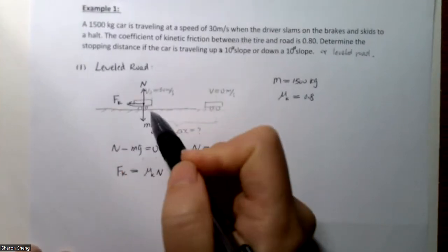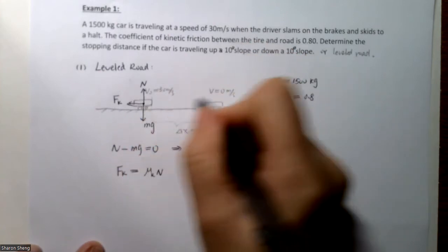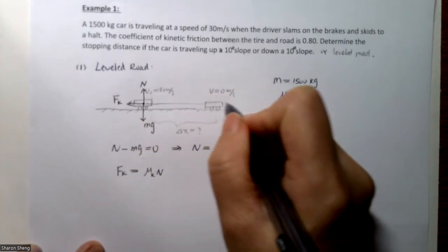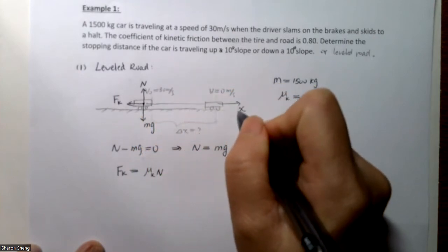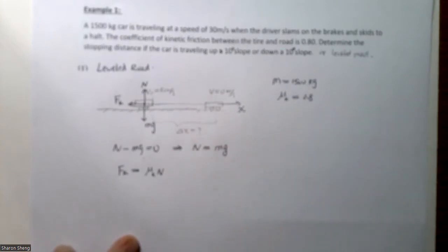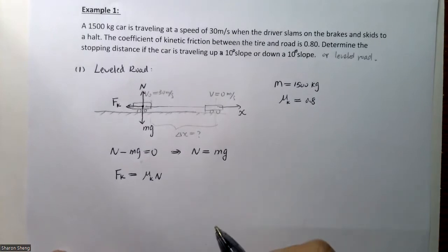When we look at the free body diagram right here, this will be 1D motion. So I will put my x direction pointing to the right as the positive x direction. So, see that clearly.